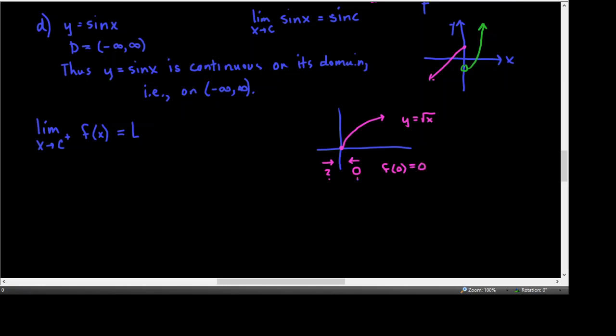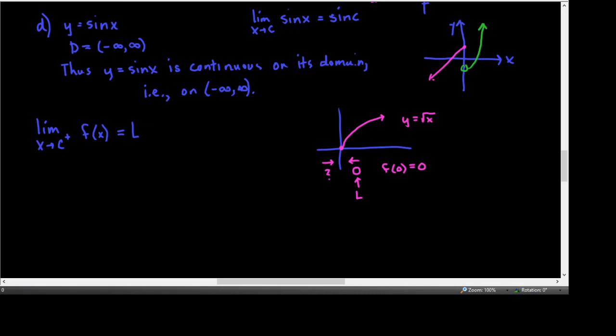So this is the limit, which I didn't write all the notation. The limit exists, the value exists, and they're the same number. So this would be continuous from the right. Okay? This is continuous from the right. And then you could have from the left as well.